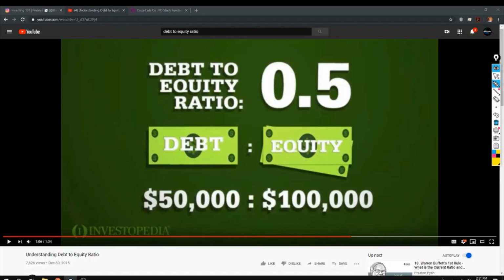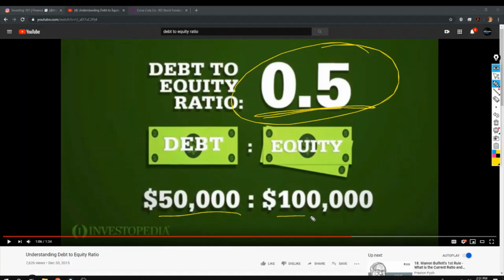For instance, the debt to equity ratio of this example is 0.5, because it has $50,000 in debt and $100,000 in equity. When you divide it, you get 0.5. That shows that it's less than 1. Less than 1 means that the equity, the money that it has, is greater than the debt. If the number is over 1, then that means they have more debt than they have money.